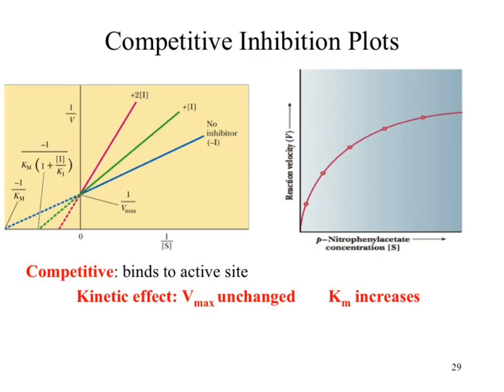So what happens to our plots? So our reaction velocity versus our substrate concentration. Well, Vmax is unchanged, so if I'm going to draw a new curve on here, where's my Vmax? Well, same place. What happened to my Km? It needs to increase. Where is Km currently on that curve? Let's say 2.